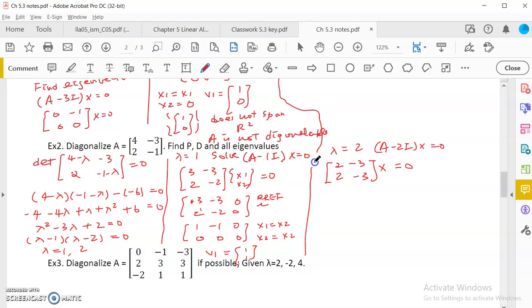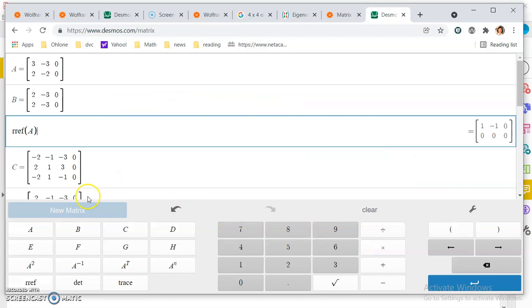We use the augmented matrix of 2, -3, 0, 2, -3, 0. You can see that the second row cancels out. So you can do RREF, or just REF. It'll be 1, -3/2, 0, 0, 0, 0.